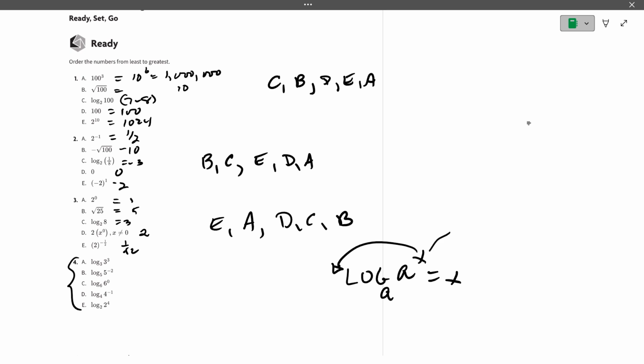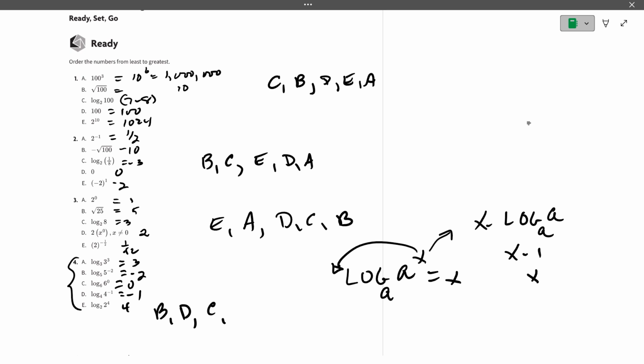One of the rules of logarithms is that this is equal to x log of a in base a, which makes it x times 1, which is x. So if we go through number 4 here, the first one's worth 3, the second one's worth negative 2, the third one's 0, the fourth one's negative 1, and the last one is 4, which gives us an order, from least to greatest, of B, D, C, A, E.